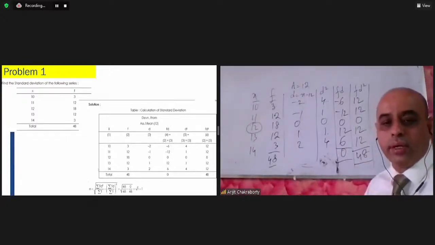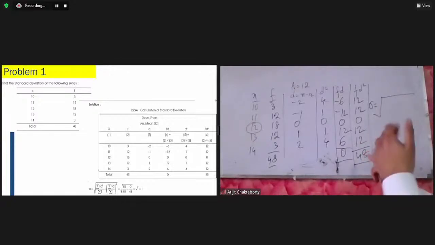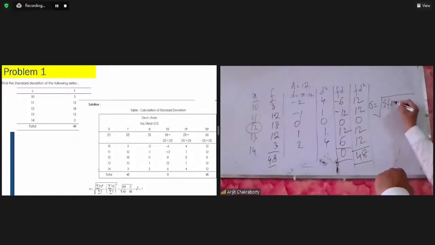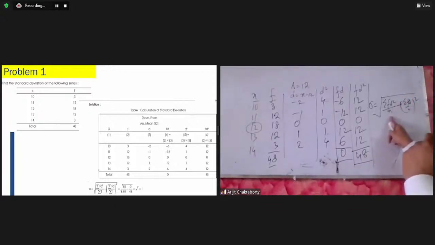Now we have to find the standard deviation. Standard deviation formula is small sigma equal to the square root of sigma fd square by n minus sigma fd by n whole square. FD square by n gives us 48 divided by n.